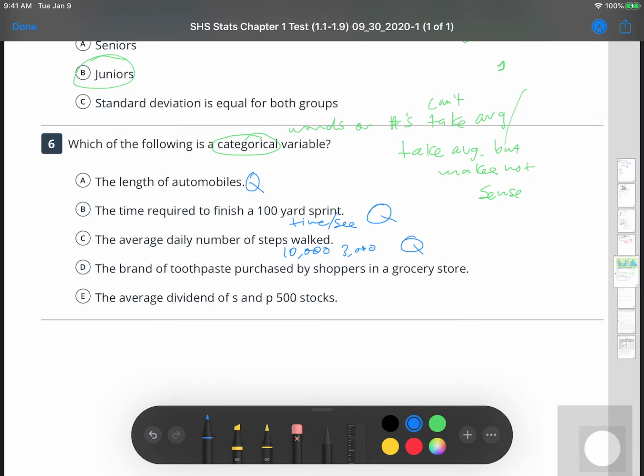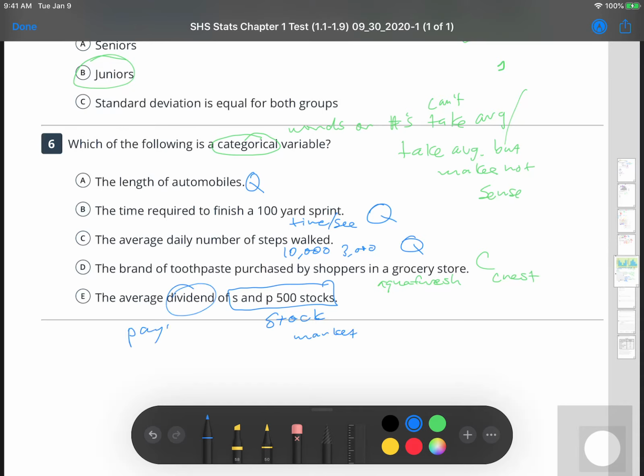The brand of toothpaste purchased by shoppers in a grocery cart. So you have Aquafresh or Crest. But those are words, so that's categorical. And the average dividend of the S&P 500 stocks. So I told you guys that this is the stock market.